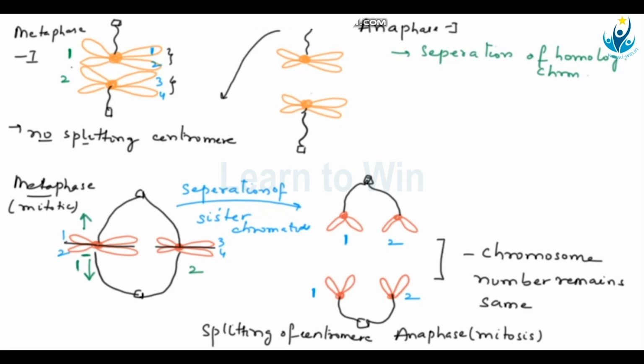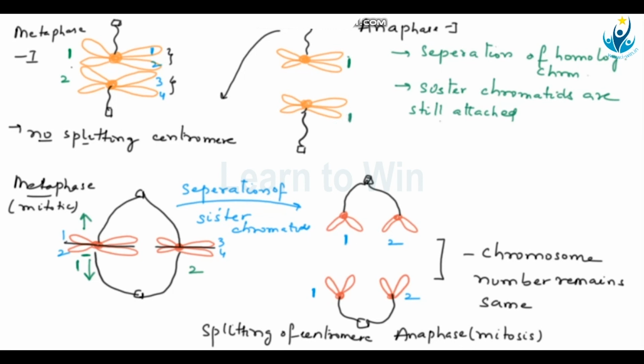But here, because the homologous chromosomes got split, the sister chromatids are still attached. So what is happening here? On the upper side I have only one chromosome, and on the lower side I have only one chromosome.